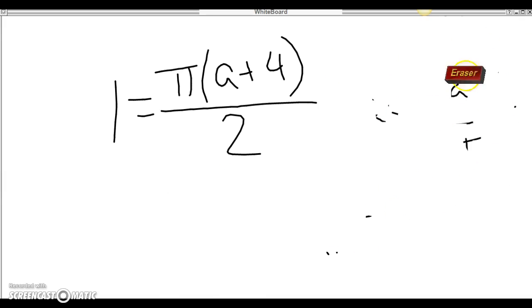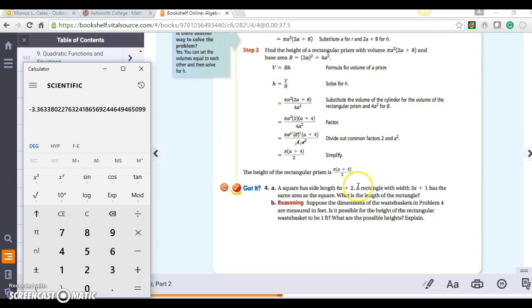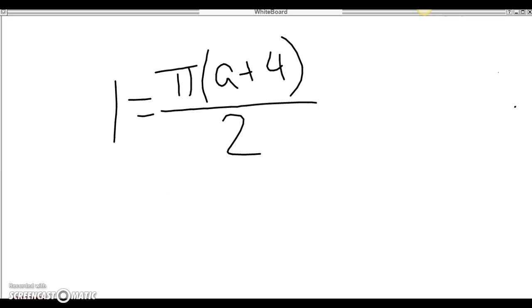So if I plug in a 0 for my a, because it can't actually be 0, because if I look, that's actually one of the excluded values if you see here, because it's in my denominator, so I can't actually put a 0, but 0 can be the lowest value.